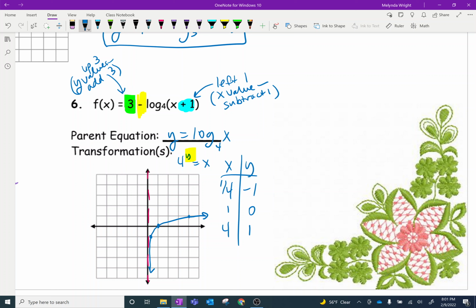So this is a reflection over the x-axis. Which means we're going to take all the y values and multiply by -1.